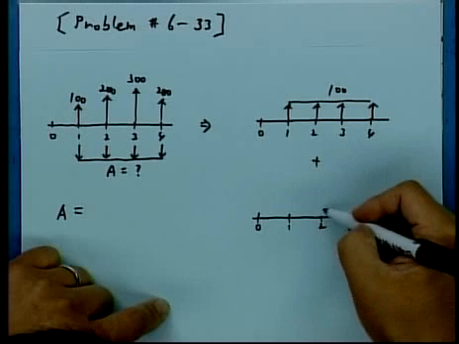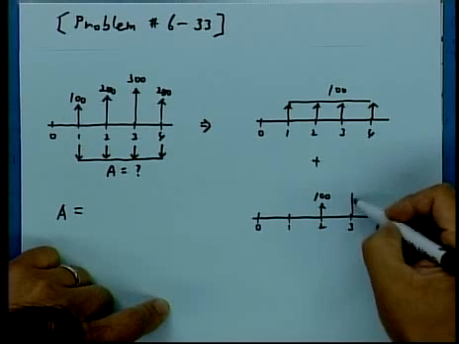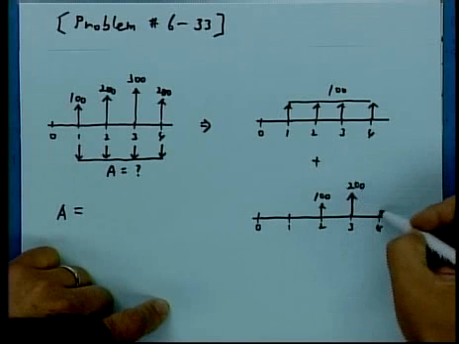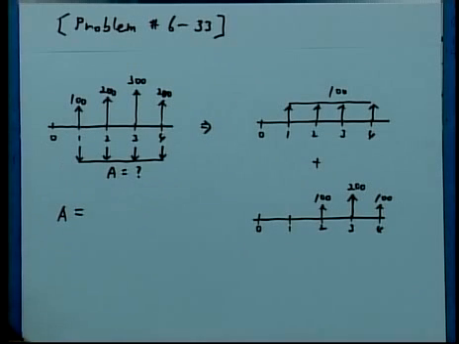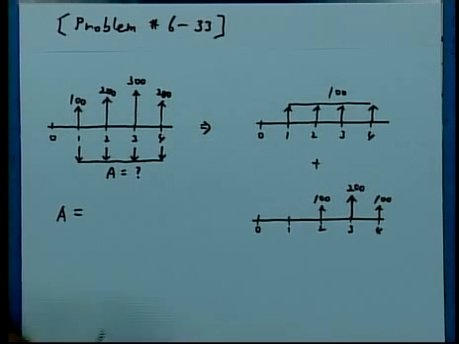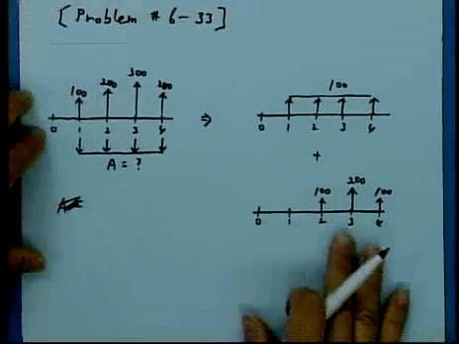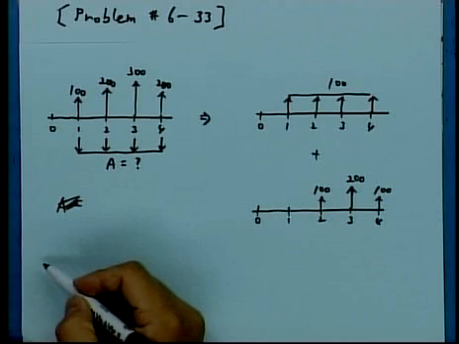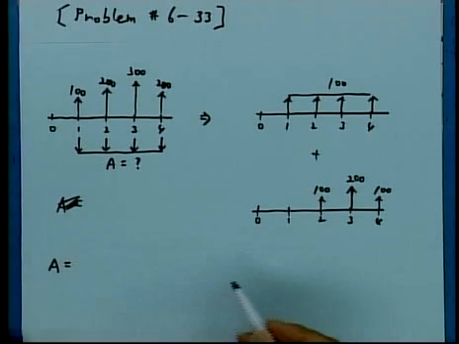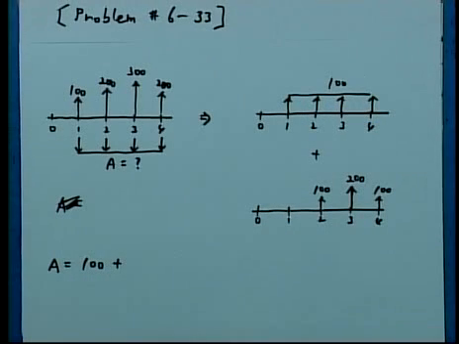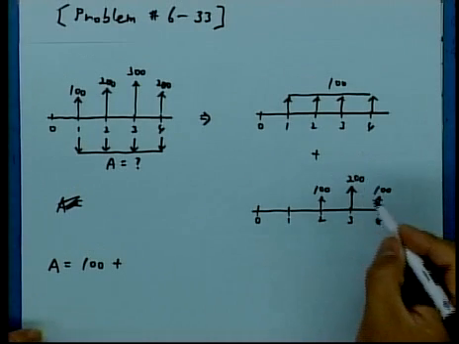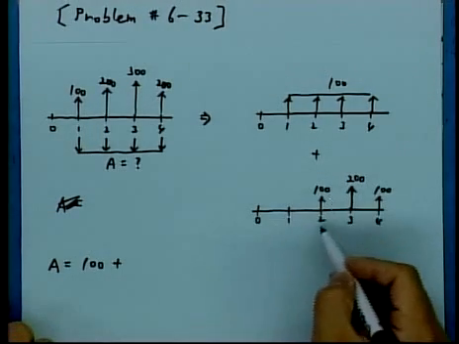Period 2, $100, period 3, $200, and period 4, another $100. So how would you compute A? A would be simply 100 plus $100 at the end of period 2.